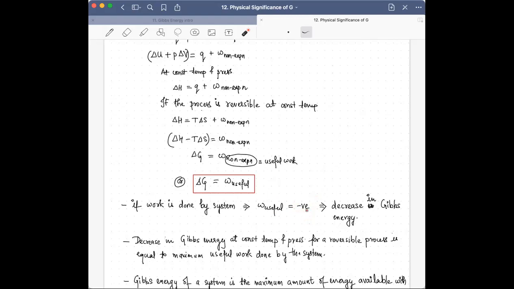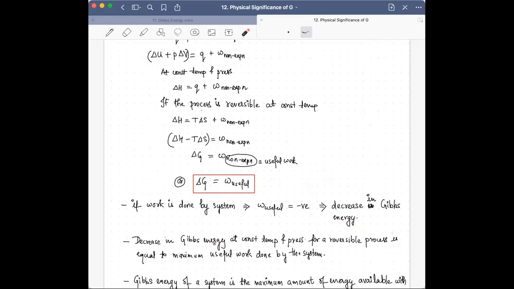So that means you see a decrease in Gibbs energy, because if it becomes a negative quantity, you can know that delta G is having a decrease in value. That is, when it's moving from an initial state to a final state, there is a decrease happening, and that's why delta G is coming out to be a negative quantity.